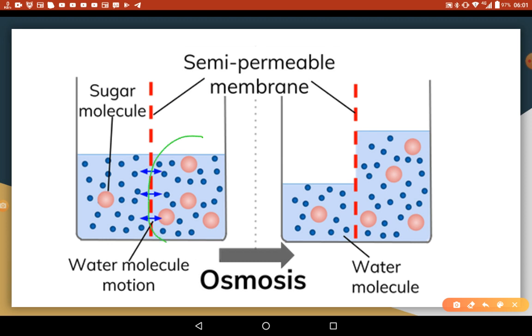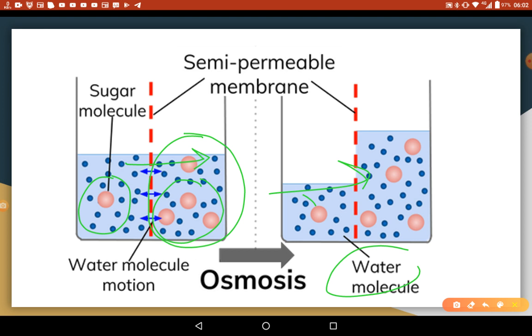We have high solute concentration here, low solute concentration here. So the water will move from a region of high water concentration to a region of low water concentration, or from a region of low solute concentration to a region of high solute concentration. As we say here, water molecules move here.